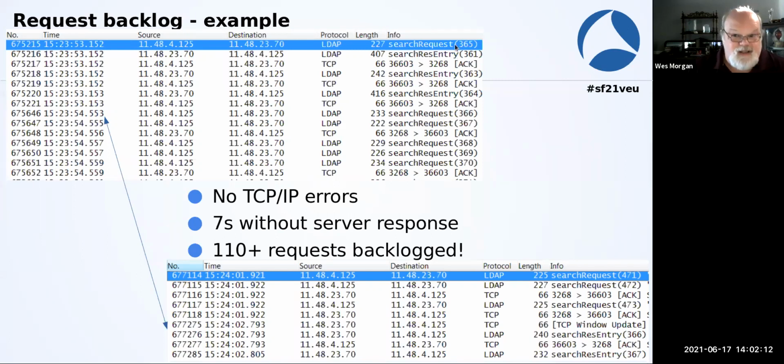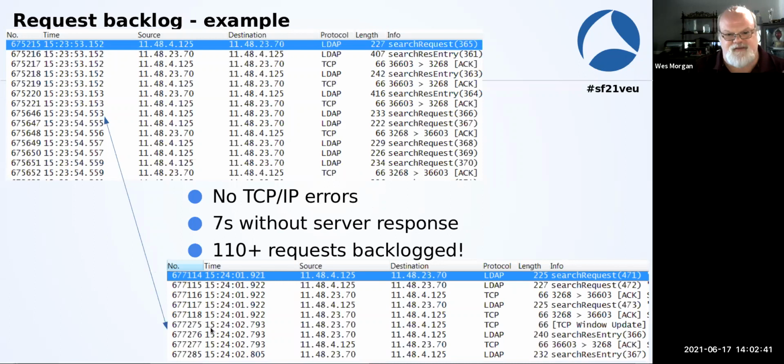I make request number 365, then I get my results for 361 and 363 and 364. But then all of a sudden, I stop getting responses. In the meantime, I'm still making request after request. Again, no TCP/IP error conditions. We went 7 seconds without a server response.